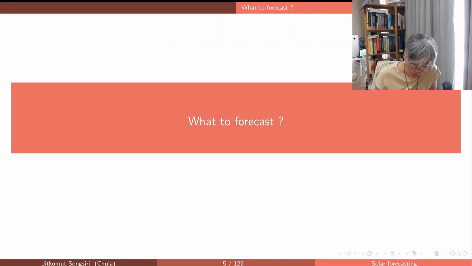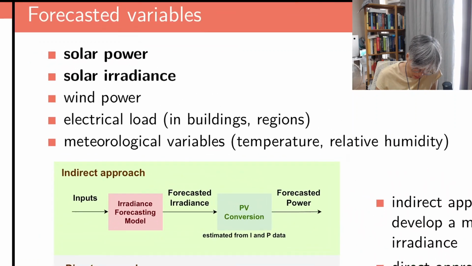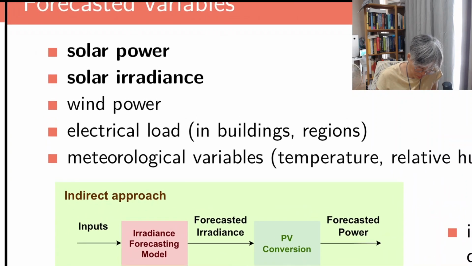So in this context, let's characterize what are the involved forecasted variables. The main variable that we would like to work with is certainly the solar power and the solar irradiance.